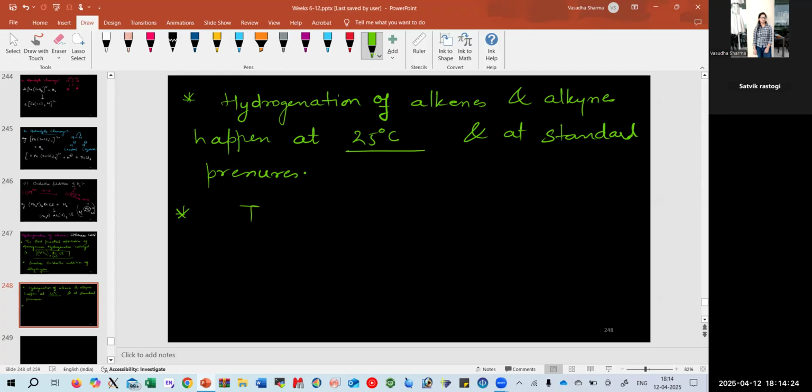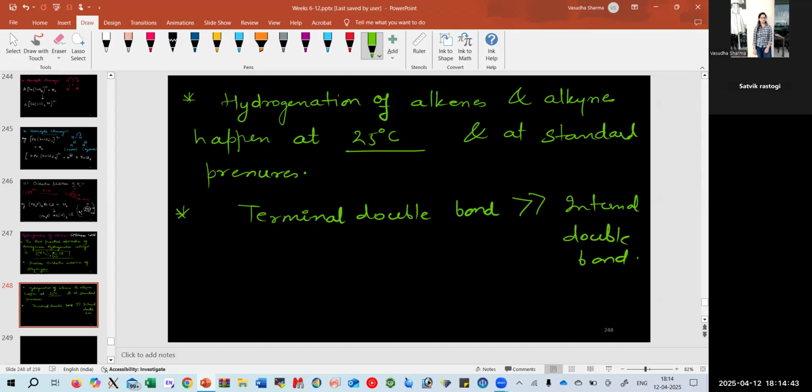Also, if we compare a terminal double bond, be it of your alkene or alkyne, that would be faster compared to the internal double bond for hydrogenation. So if you have a choice, which one is going to give you a faster product of hydrogenation? The terminal one would give it at a faster rate compared to the internal one.